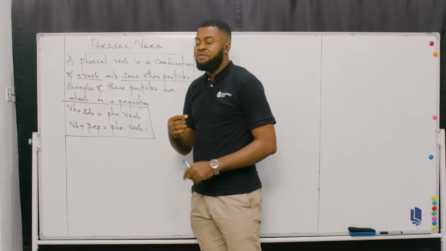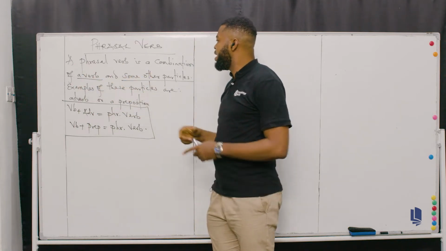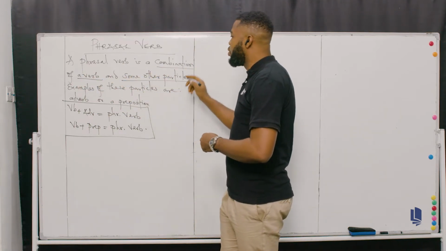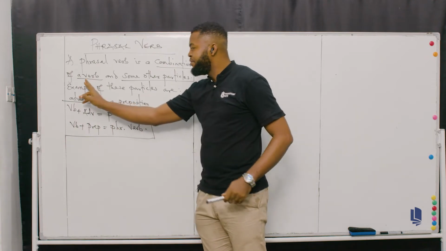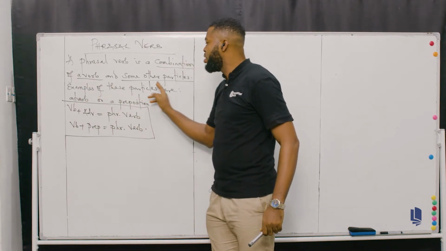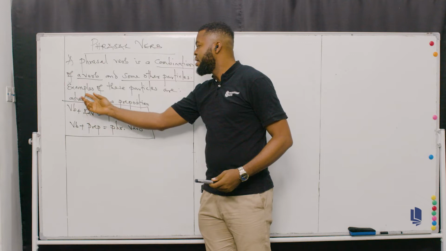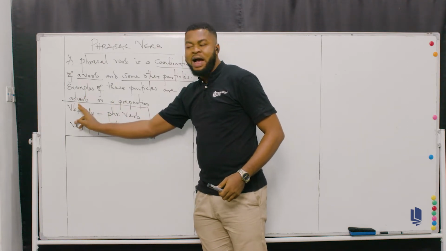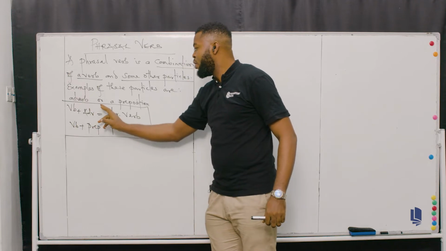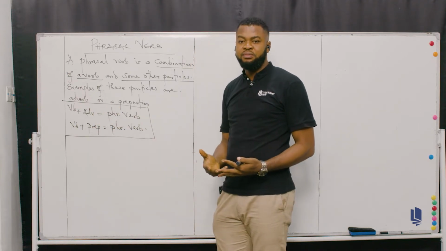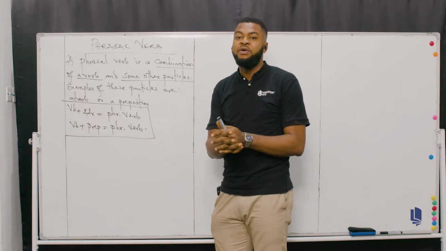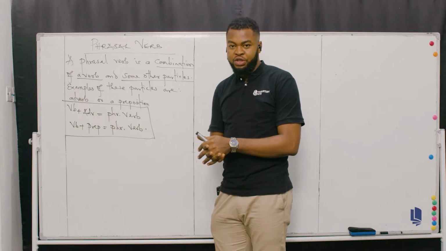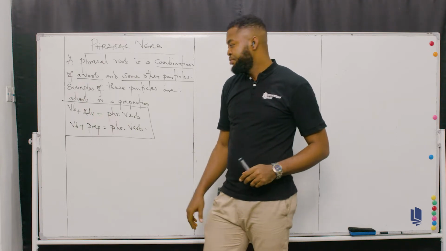Okay, you have that a phrasal verb is a combination. That is, you have to combine what? You have to combine a verb and some other particles. And what are examples of these particles? Okay, so definitely you have adverb, that's an adverb or a preposition. Those are the particles for you to combine to form a phrasal verb. I hope this is understood, class. Now let's continue.